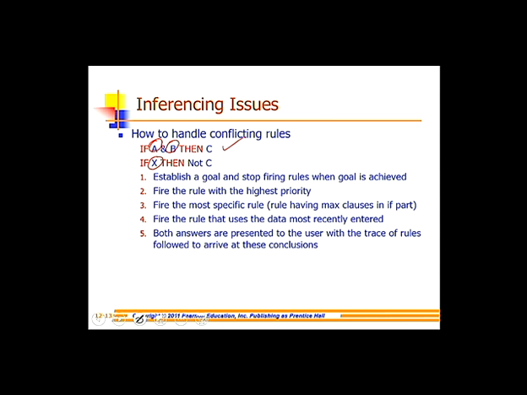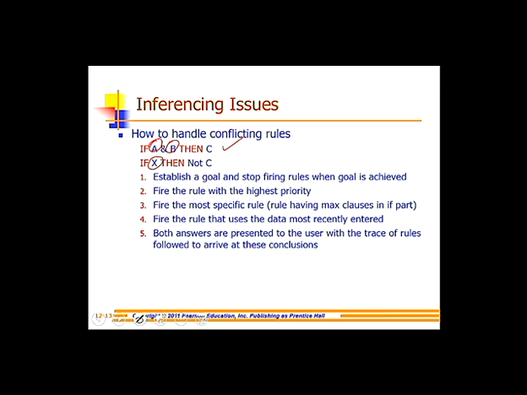We'll say that C is true, right? So the rule having more clauses, the rule which has maximum number of clauses in the if part, is more trustworthy because it is using more information. The intuition is that it is using more facts, so it should be more trustworthy. Still another way is to find a rule which uses the most recent information.